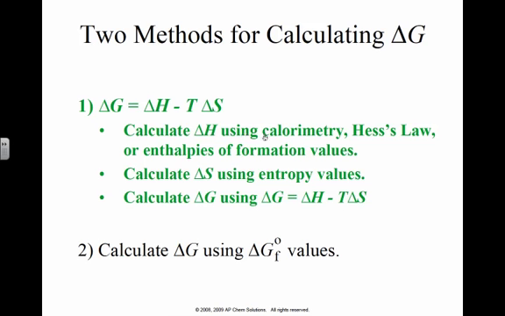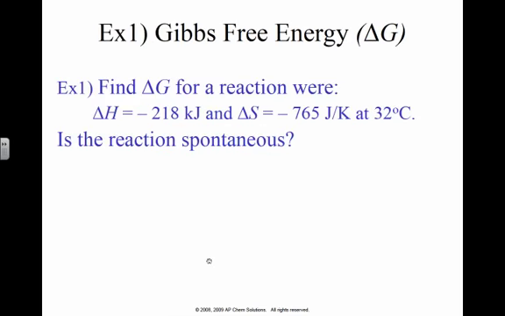Well, if you remember, you could use calorimetry, Q equals MCAT. You could use Hess's law, enthalpies are additive, or you could use the back of the book and do products minus reactants. How do we get delta S? We can do products minus reactants. And calculating delta G, we can use this equation here, or we could do products minus reactants.